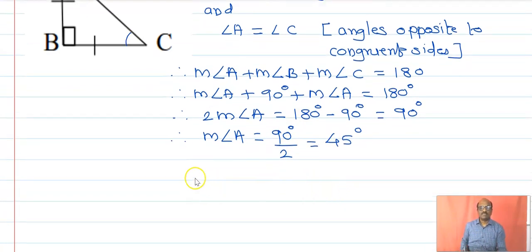And hence measure of angle A is equal to 45 degrees.